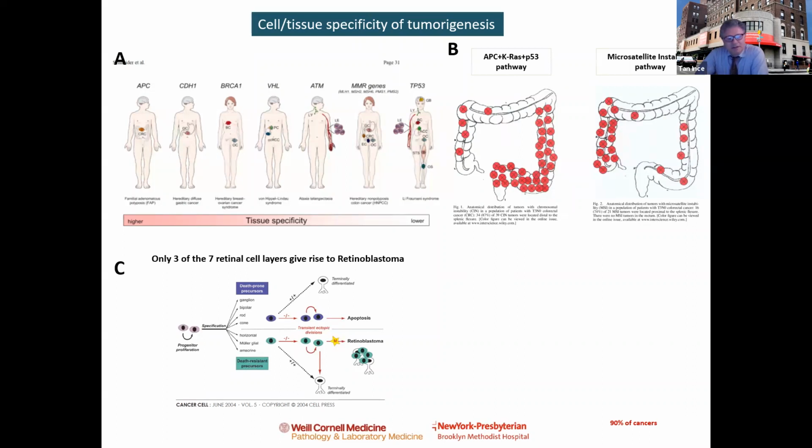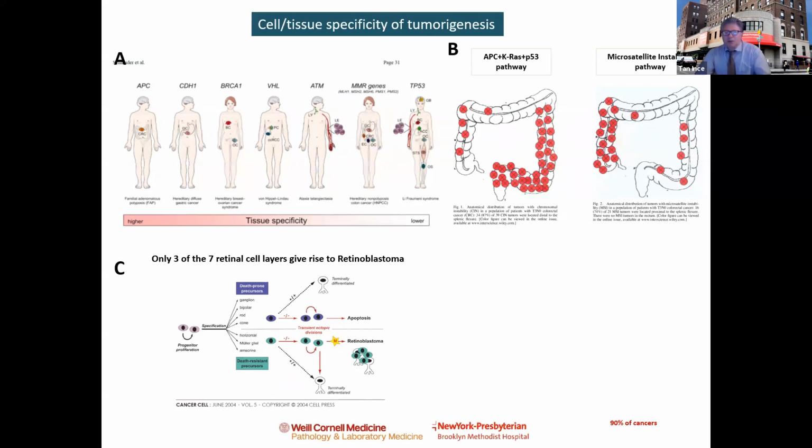And retina has 7 layers, and these authors altered the retinoblastoma gene in each layer individually. And what they found is that 4 of the 7 cell types, when RB is inactivated, cells die, not giving rise to any tumor whatsoever. The other 3 do give rise to tumors.